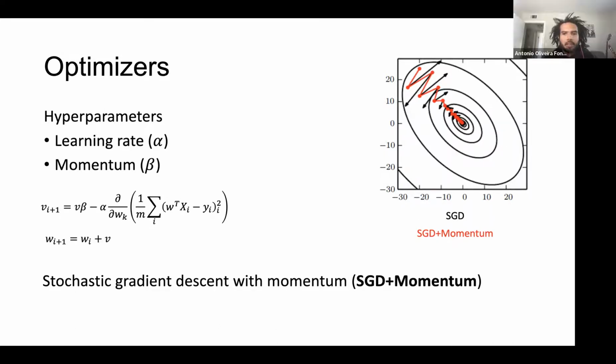Not the black line itself, because the black lines here are just arrows indicating the direction of the gradient, but it would be like jumping from arrowhead to arrowhead, right? So if I have momentum, it decreases the oscillation. If I have even greater momentum than what we currently have in this setup, I would have even lower oscillation. Can everyone see that?